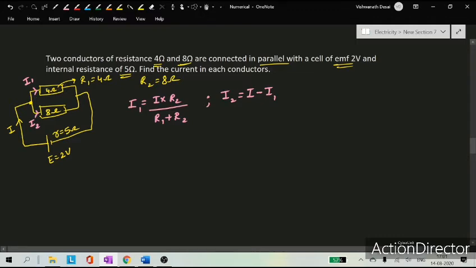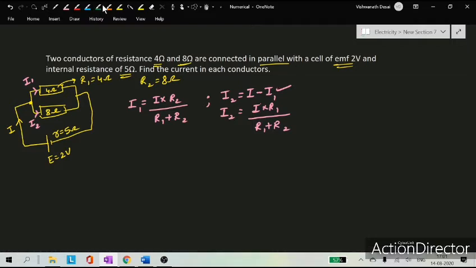You remove this part of the current from the total current, and the remaining current will flow into the 8 ohm resistor. Or you can use the formula as usual: the main current into the resistance of the other branch divided by the sum of the resistances. So better to use this one.